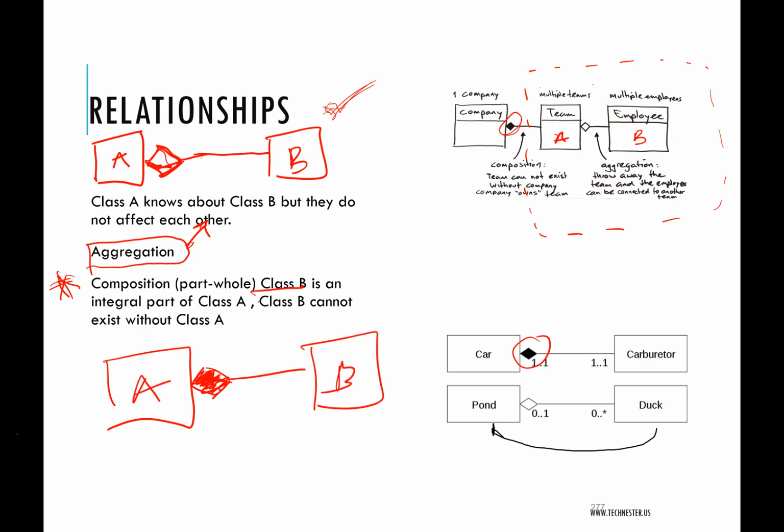Class B is an integral part of A. So A contains B. B cannot exist or is not useful without A. That's composition. Just the English meaning, compose, contains.